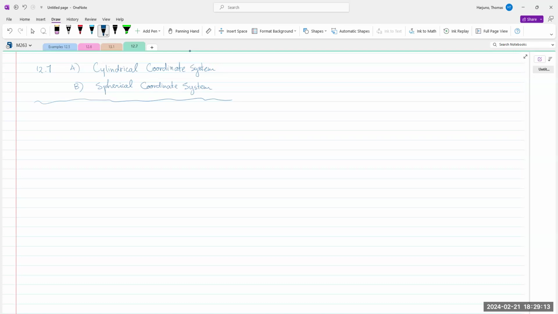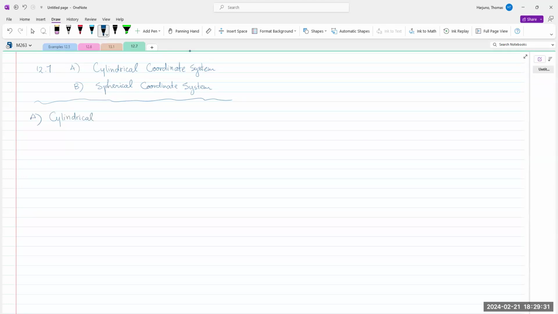Okay, we start with the cylindrical coordinate system. I tried to explain it as simply as possible using what you have learned in the past.